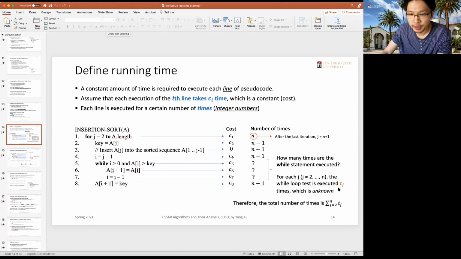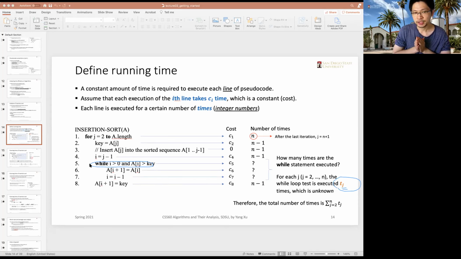All right. Another thing to review again is the notation Tj. This is a variable, something unknown. Tj is the number of execution times for the while statement, for line 5.